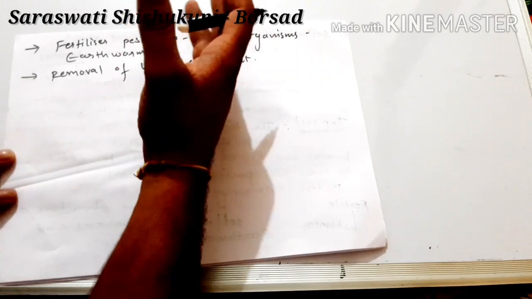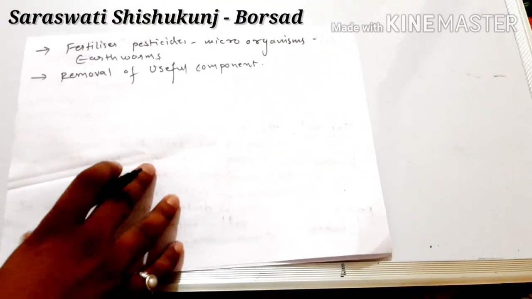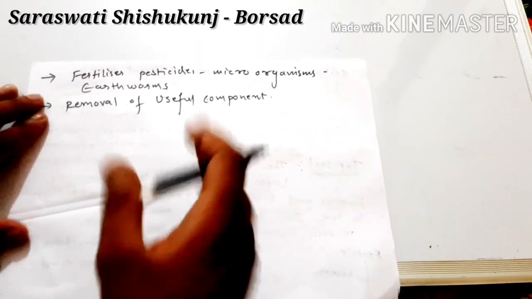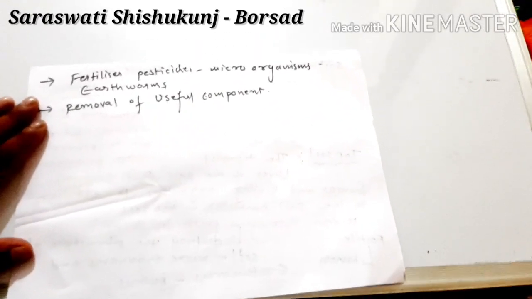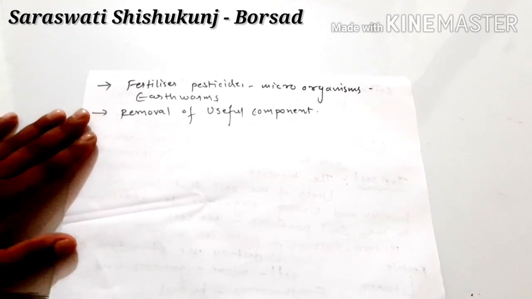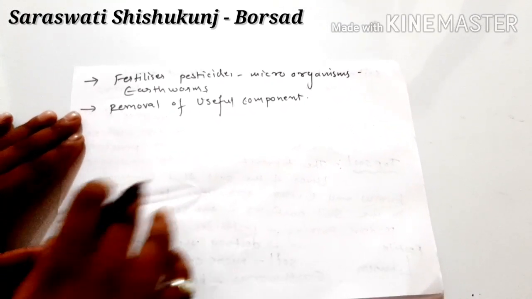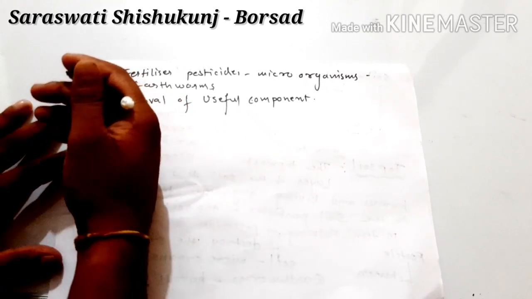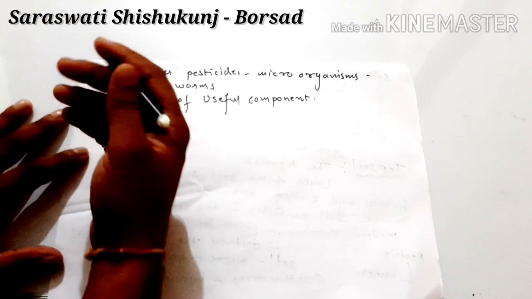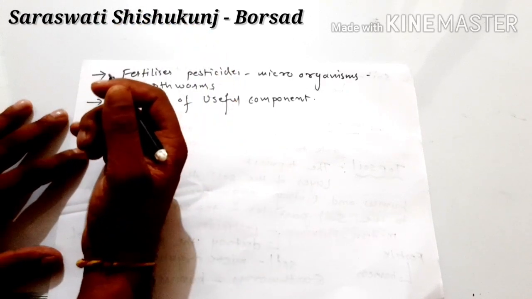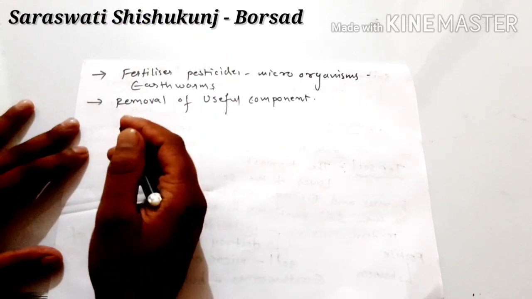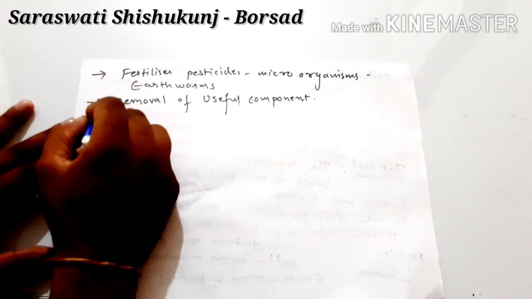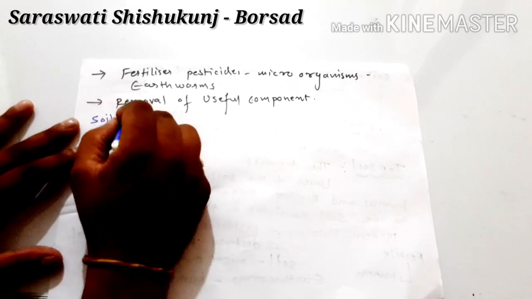If the important components are removed from the soil, we will not be able to maintain the quality of soil, and that will result in soil pollution, in land pollution. So it will affect the fertility of the soil and kill the diversity of organisms, which is called soil pollution.